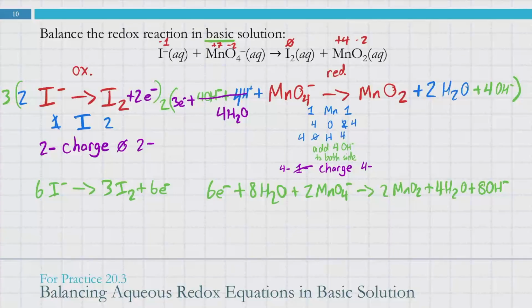Now we can combine them. So combining these together, 6I minus, I'm just going to not narrate the whole thing.